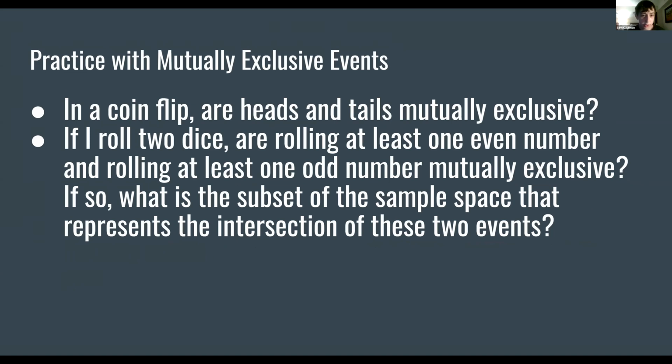The second one: if I roll 2 dice, are rolling at least one even number and rolling at least one odd number mutually exclusive events? And if they are not mutually exclusive, what is the subset of the sample space that represents the intersection of these two events? So start by checking if it's mutually exclusive.